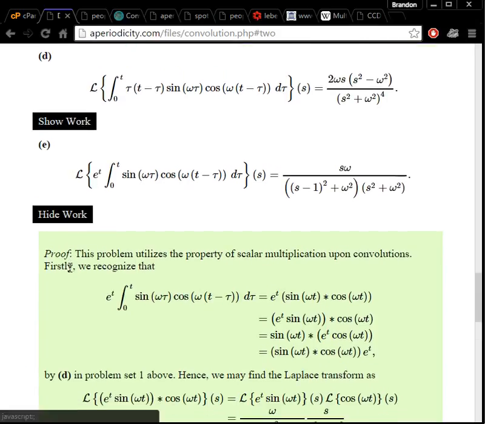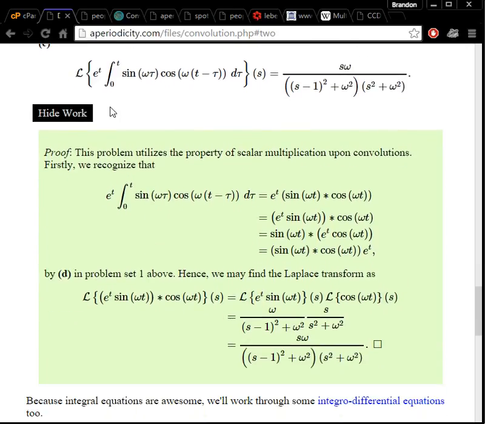And then for the last, there was an e to the t outside. So the first thing that goes off is, well, there's probably a horizontal shift in the s domain, and sure enough, there's an s minus 1.